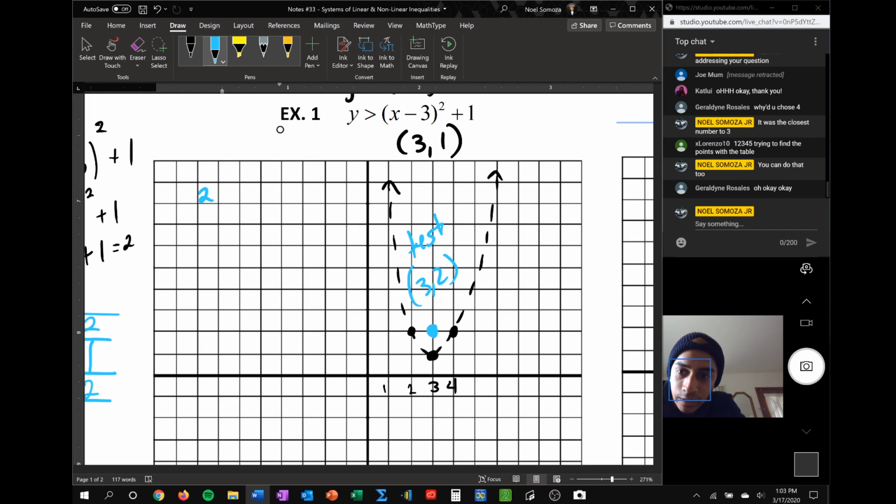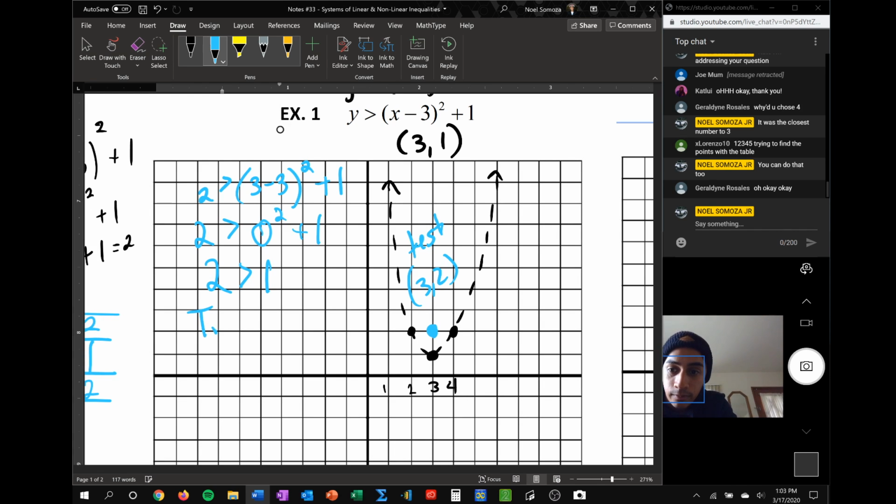Okay, so plug in 3 and plug in 2. So for Y, you get 2 greater than (3 minus 3) squared plus 1. 3 minus 3, that's 0, right? So you get 0 squared plus 1, and now 0 squared is 0 plus 1, and you're left with 1. And you get this statement: 2 is greater than 1, right?